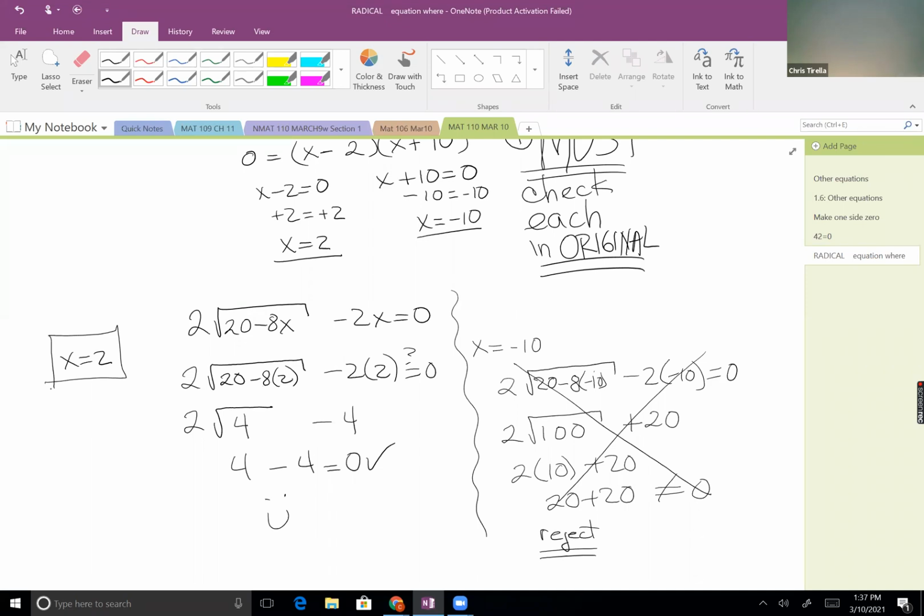Usually, like with those quadratics, unless you made a careless mistake, our answers should check. But with these, it's not unusual to have answers that don't check. And we have to know that we've got to throw those away. So with these, the checks are super important. All right? Yep.